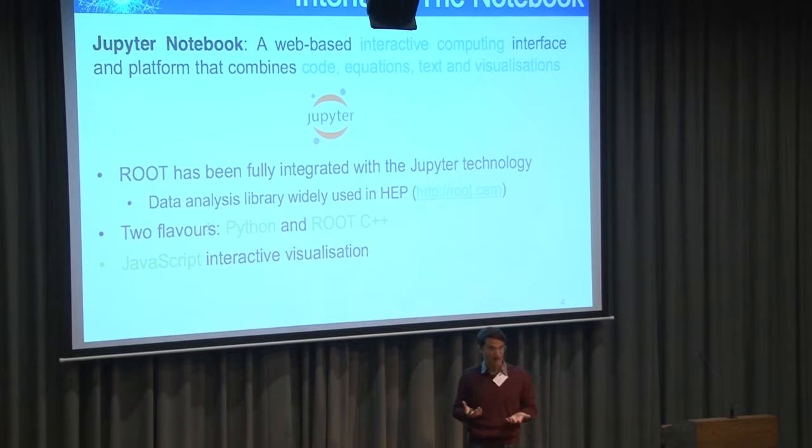And the graphics that they can obtain in the notebook can be not only static images, but also interactive JavaScript visualizations. So we really went further, and after integrating Root with this notebook interface, we developed a full-blown service that provides users with access to these technologies.